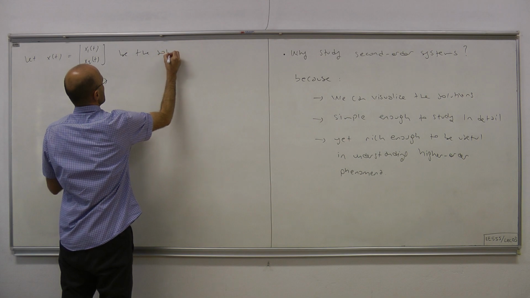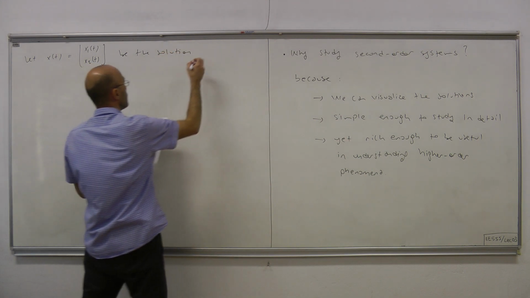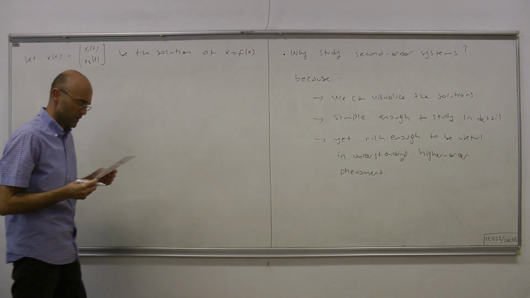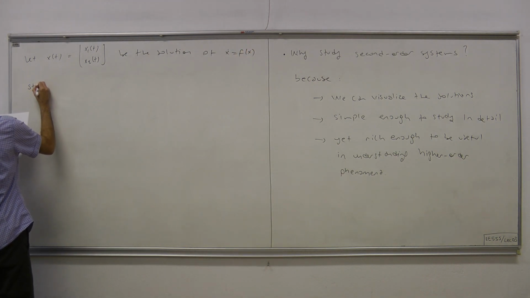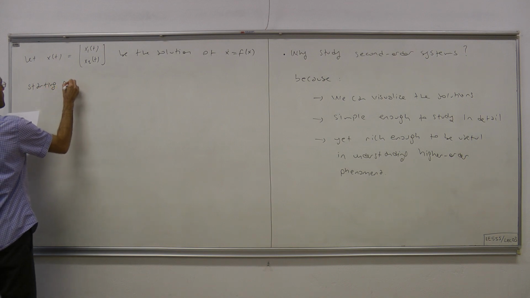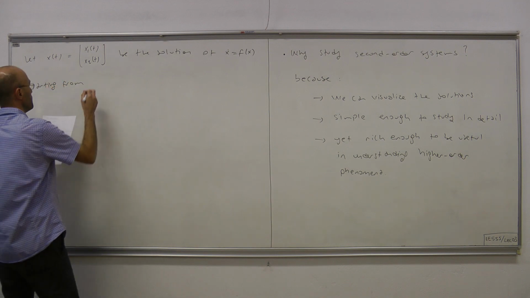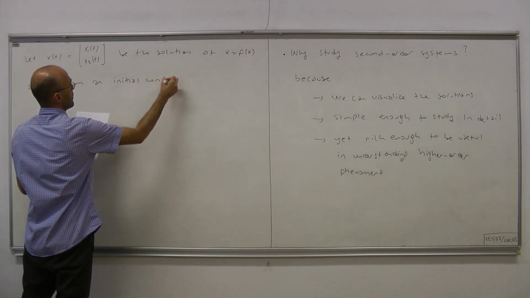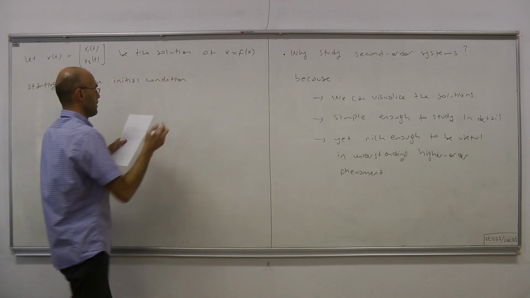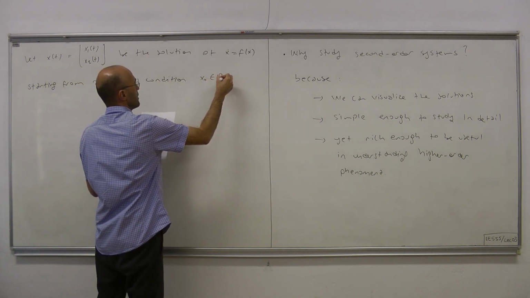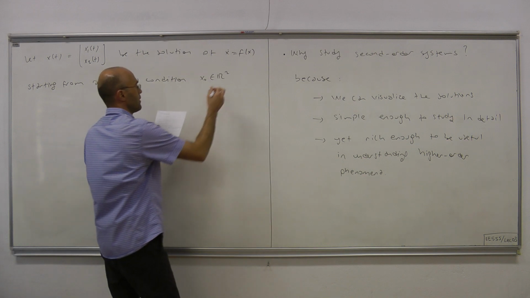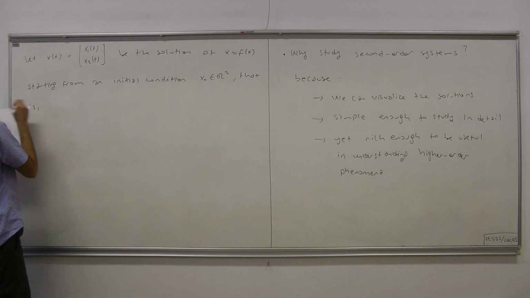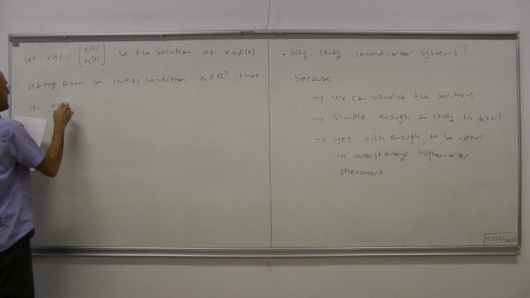The solution of x dot equals f of x, our second order system, starting in initial condition x naught in R2, that is x at initial time.